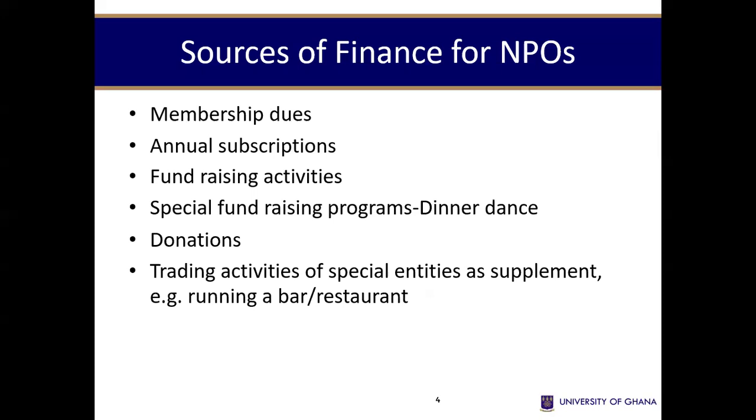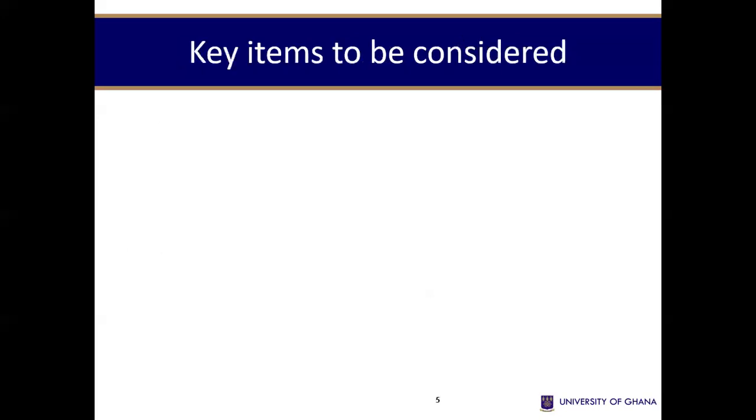If it's the SRC, for instance, they could have a small bookshop where students can purchase stationery and other items and souvenirs that they may need. But remember, the core business of the SRC is not to sell books, okay, but they could make profits from such shops, and we need to account for that because it would also form part of their profits.